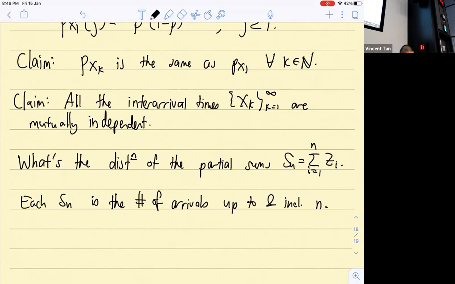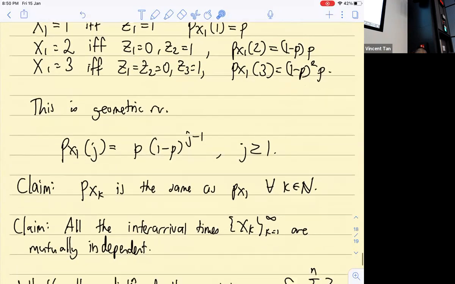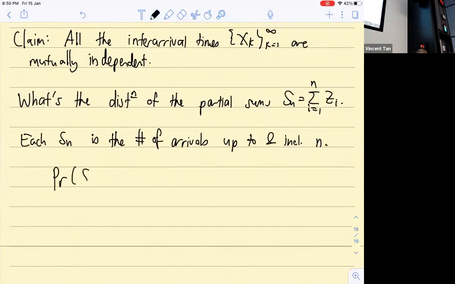So look at this picture here. If I look at a particular time here, 7, it represents that 3 people have come into my shop. What events must fall into place for this to happen? What is the probability that S_n is equal to k?